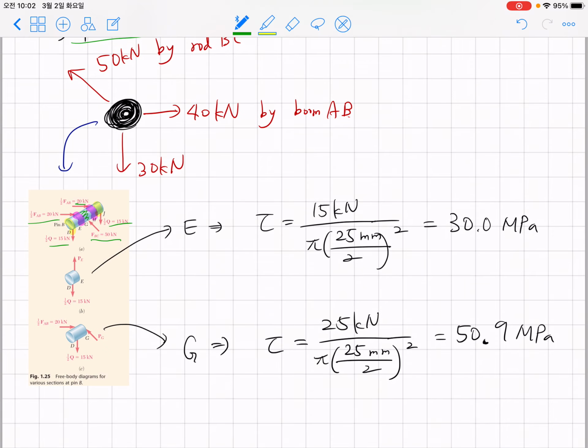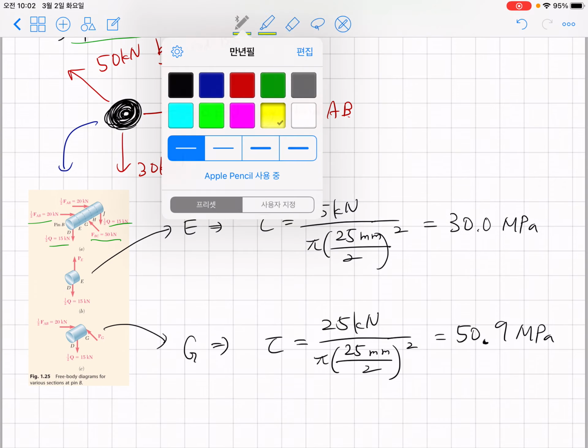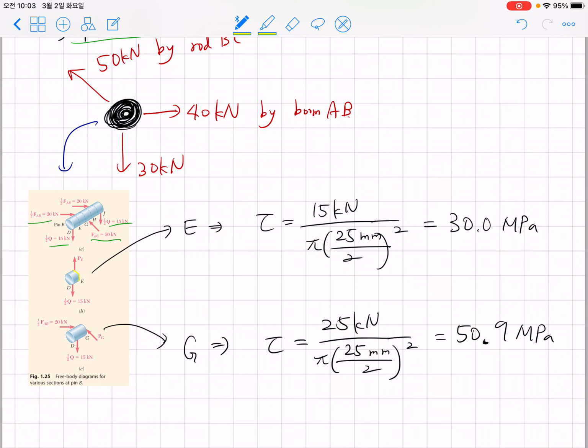Now you have to consider first cross-section E. Then let's consider cross-section G later.